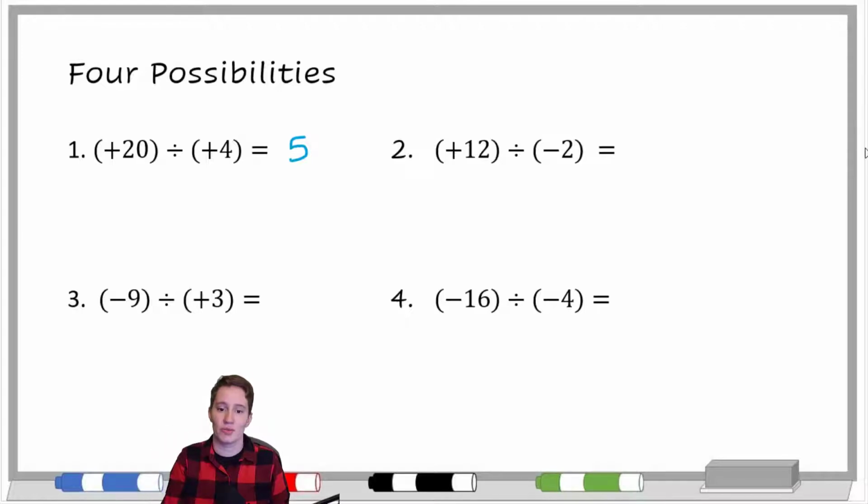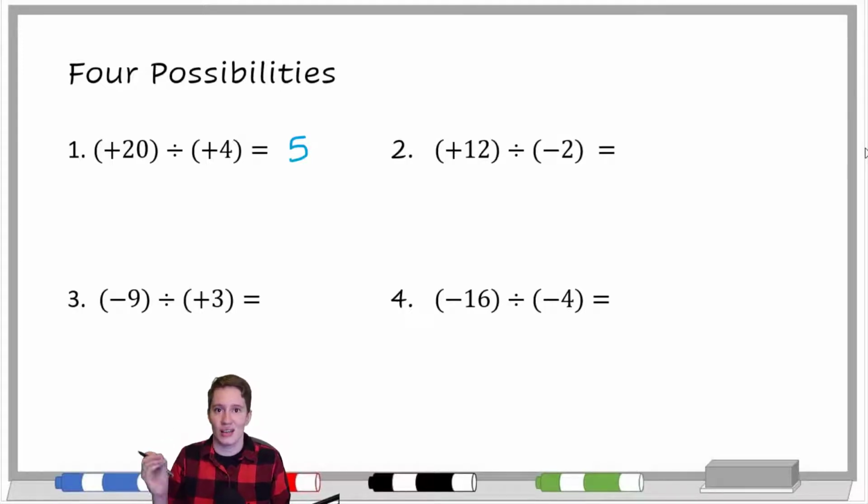If I have a positive 12 divided by a negative 2, first off, this is kind of a weird thing to think about if you're trying to say take 12 and divide it into negative 2 groups. That's not really going to work out super well thought-wise, because how do you have negative 2 groups? But it also is weird to think, well, how many negative 2's are inside of 12, since 12 isn't negative?